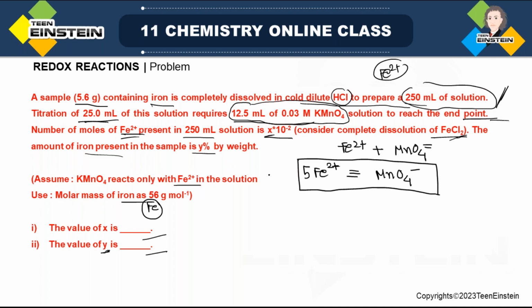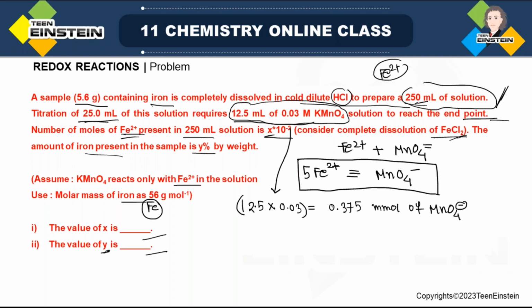Now first, this 12.5 ml and 0.03, this calculation we will do. When there is volume in ml and molarity, we directly multiply them and we get the corresponding millimoles. So when you multiply this, you will get 0.375 millimoles of KMnO4, or you can write MnO4-. This is the number of millimoles of MnO4- required when it is reacting with the 25 ml solution.